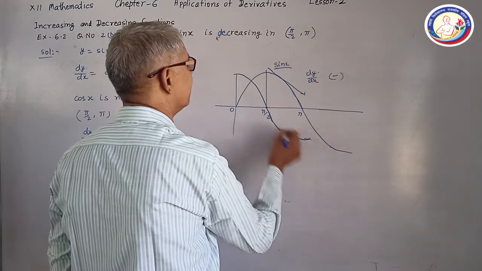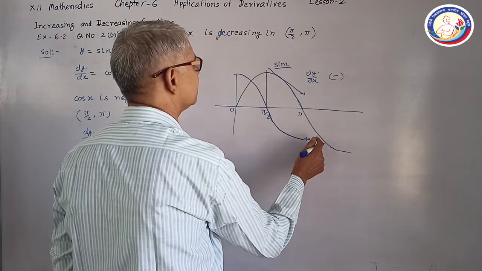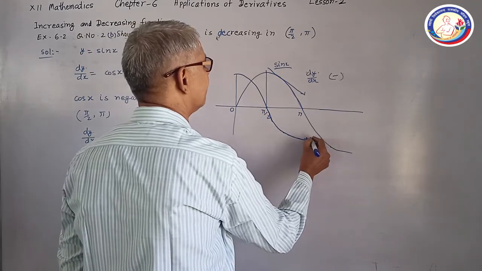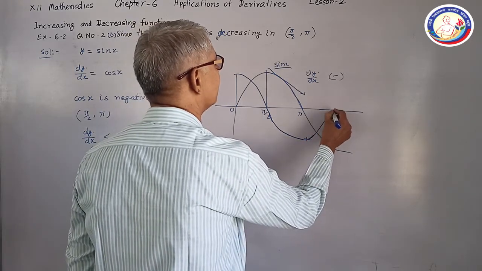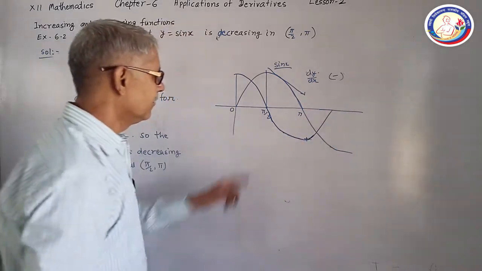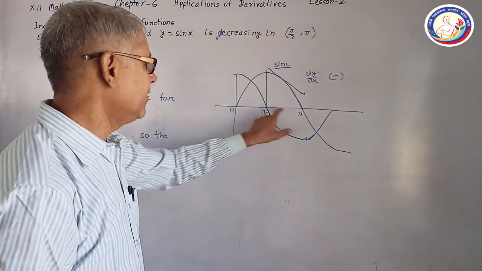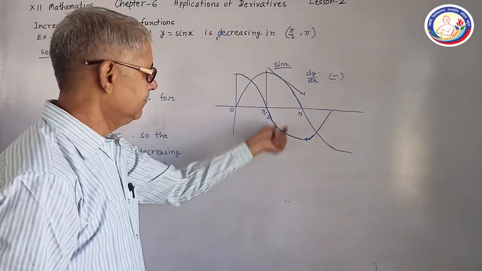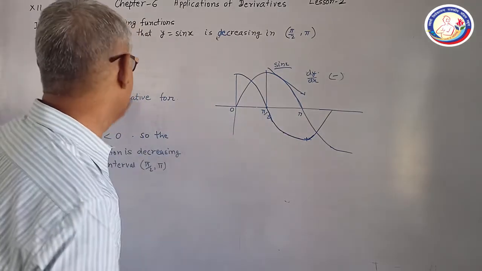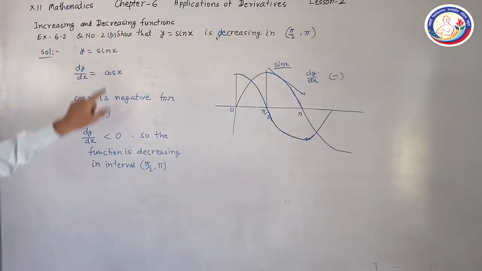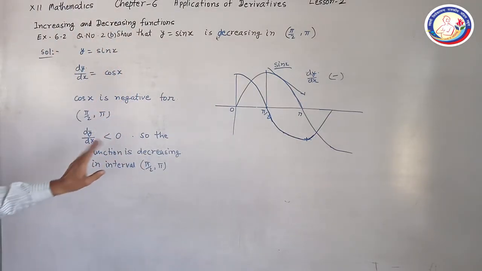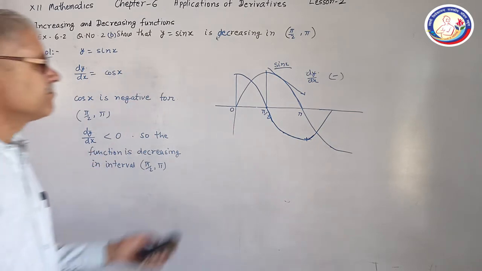The values are negative here, so cos x is negative for the pi by 2 to pi interval. This is below the x axis and it is negative. So the derivative is less than 0 and the function is decreasing here.